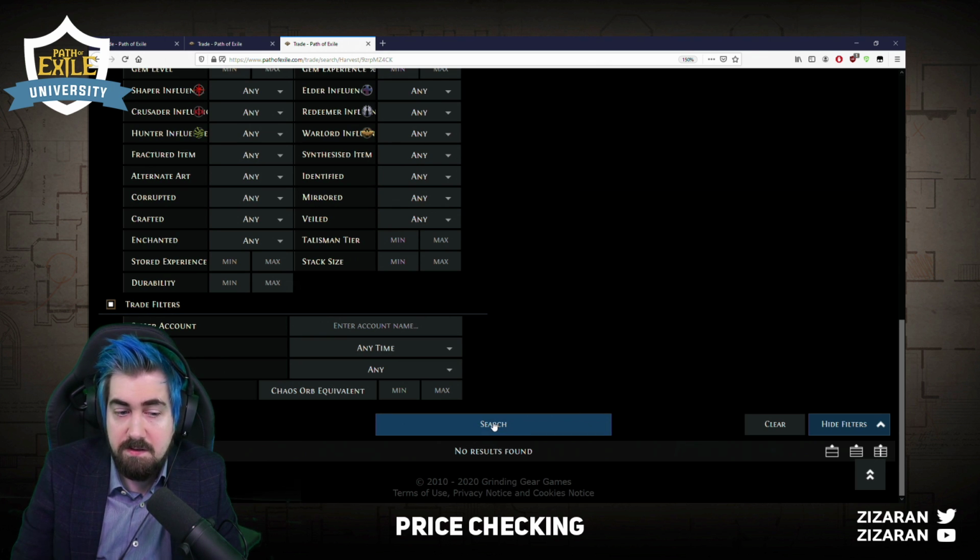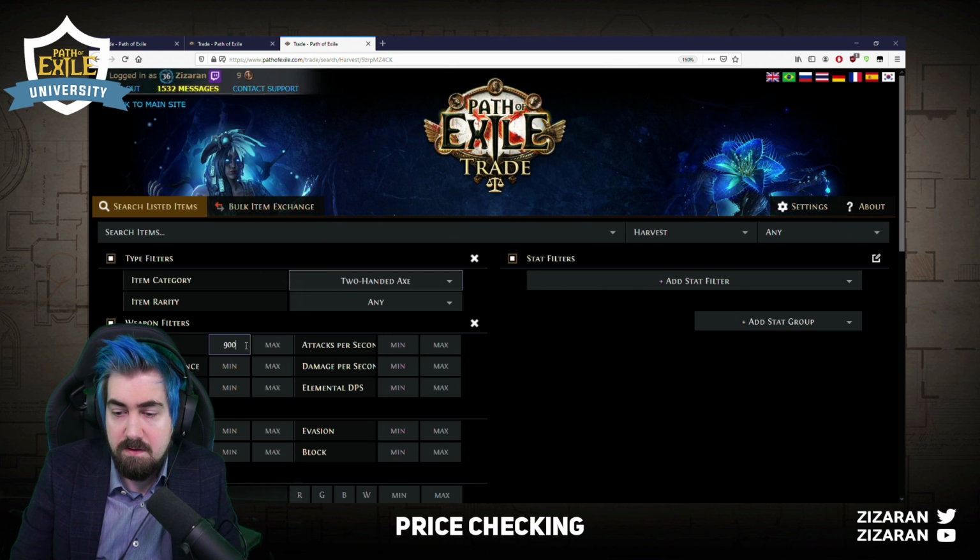Is it just on PoE? Weird. Make it max? No, that shouldn't matter. That's flat damage ignoring attack speed.